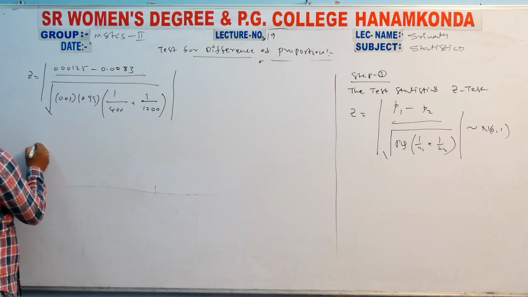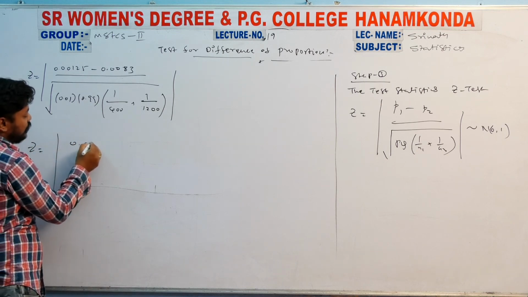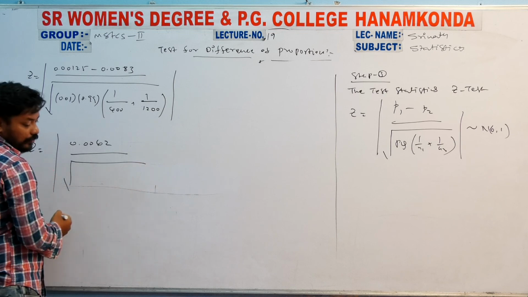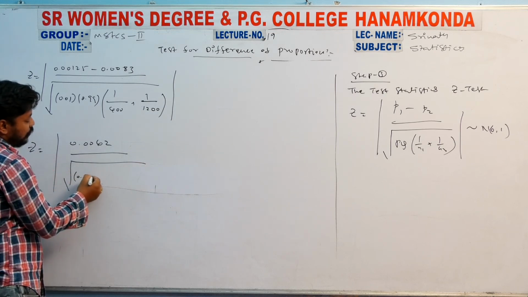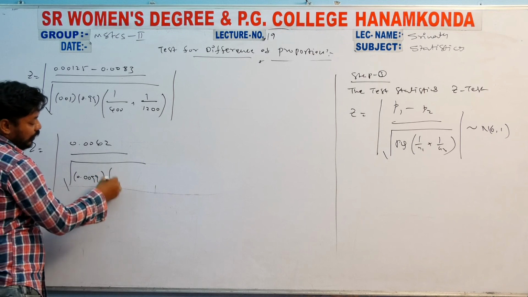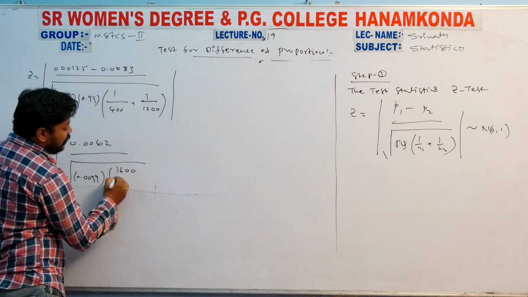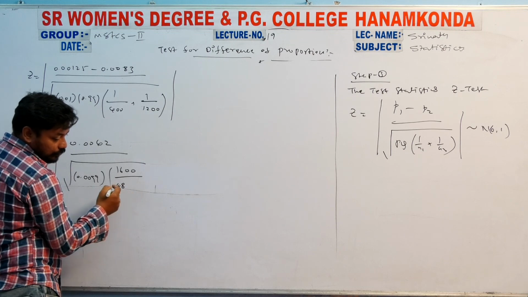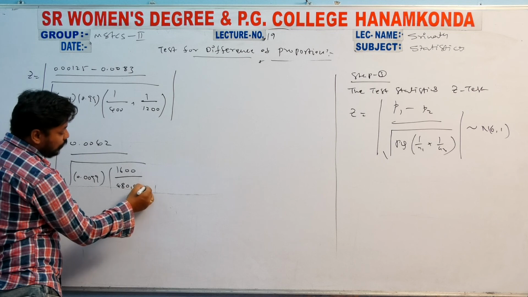So we can write the value. Z is 0.0042 by under root of 0.0099, and here the LCM is 1600 by 4,80,000.